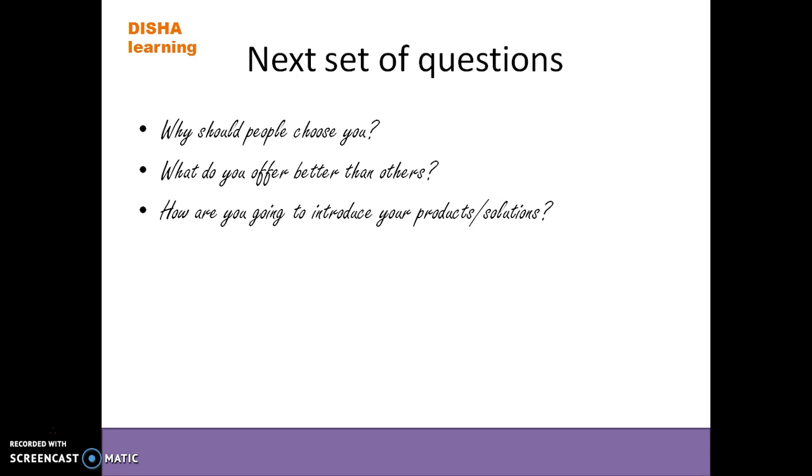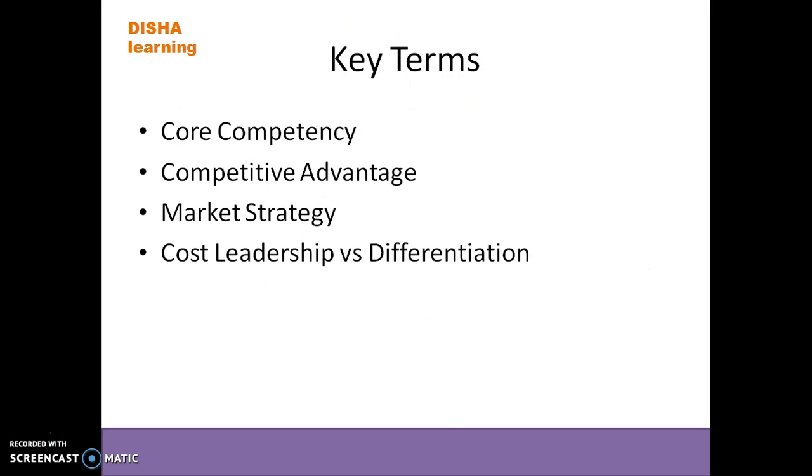If you go for differentiation, you would look at how unique you can be and how you can improve the quality and stand apart from others, and how you are going to position your specific service or product. A few terms that you need to also look at: one is core competency.